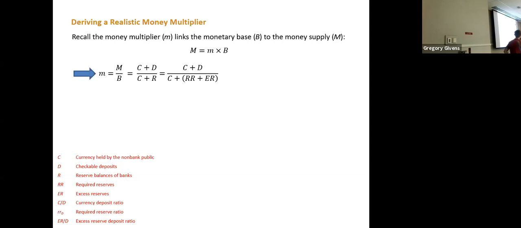We also want the money multiplier formula to account for banks' preferences of holding excess reserves relative to their checkable deposits. So what I want to do in the next step is rewrite this formula, not in terms of C and ER, but rather in terms of C/D and ER/D. That is the currency to deposit ratio and the excess reserve to deposit ratio.